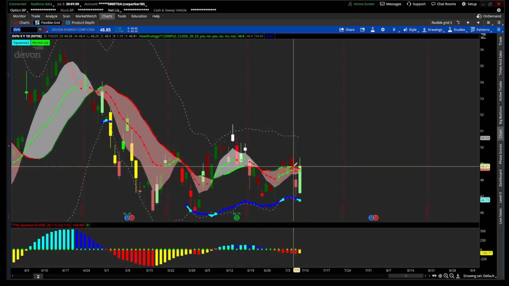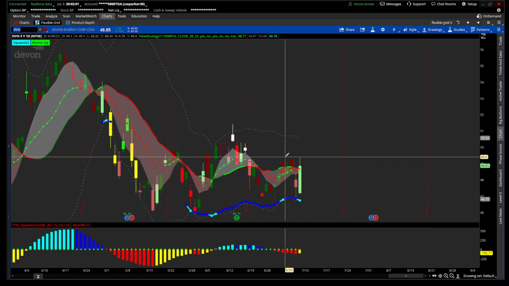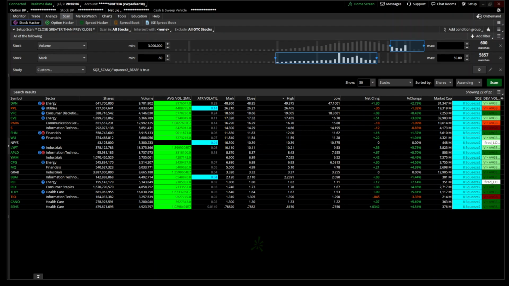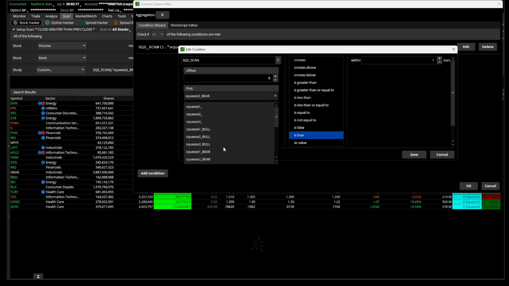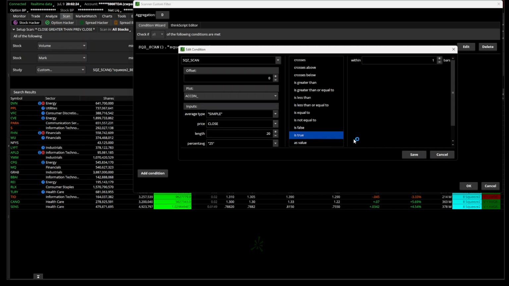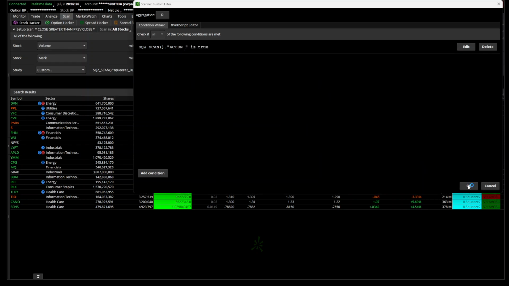I don't know. It needs to sustain and get back above 49 to be interesting for me. But for the most part, this is a scanner. And right now, it's not really showing me a whole lot of great things. It's on the bearish side anyway. It's showing me a lot more bullish things. But let's see what the acceleration down shows us.